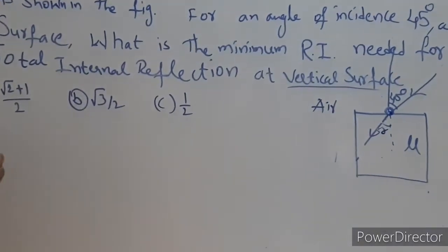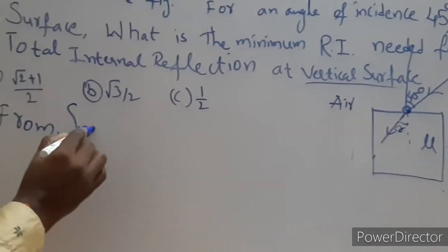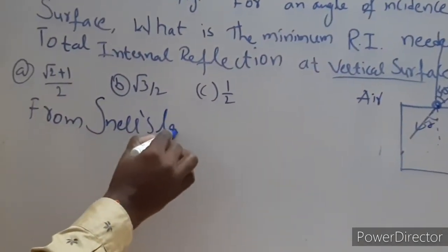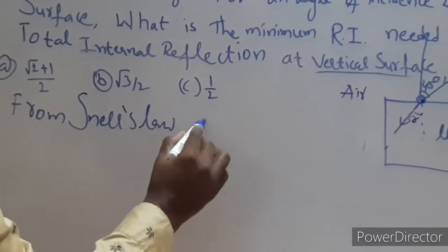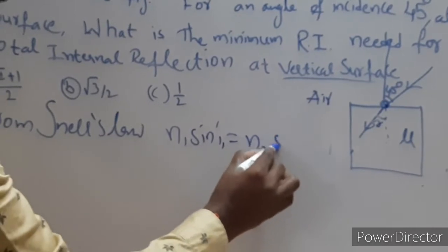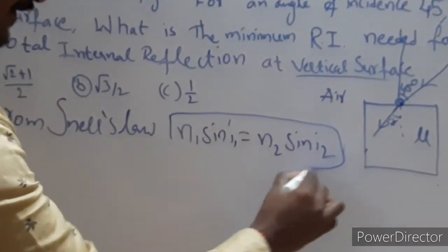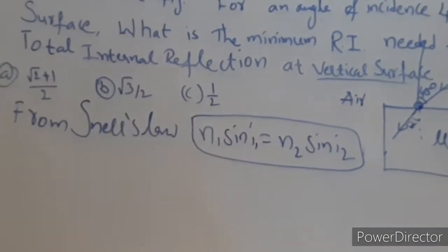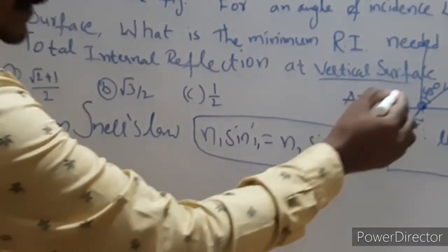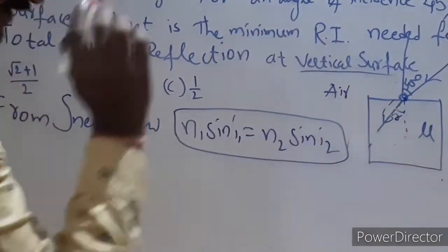From Snell's law, we can write N1 sine I1 equal to N2 sine I2. Now N1 sine I1 means this is the medium of air, from the air the light ray is entering.